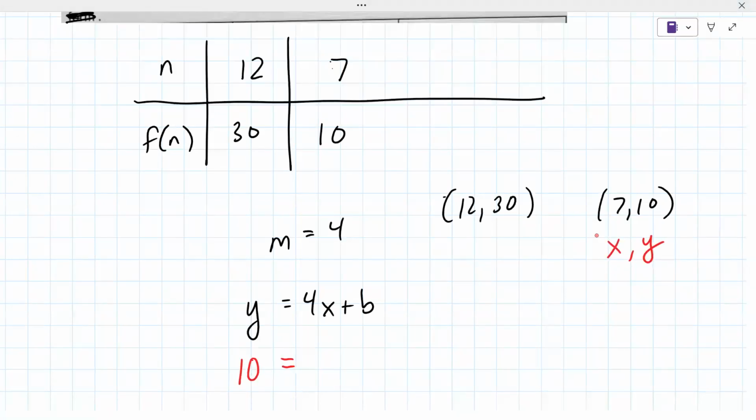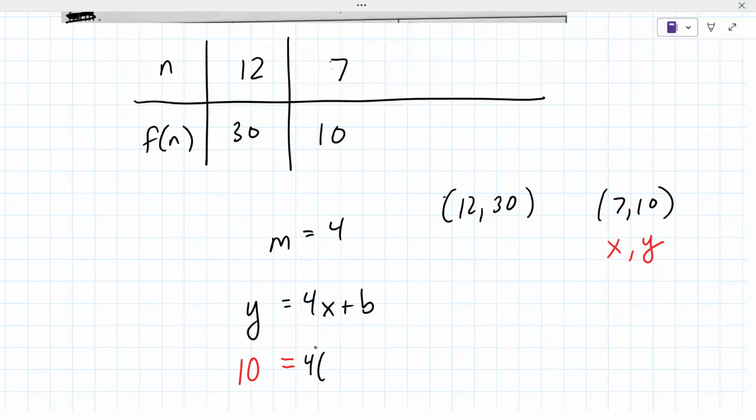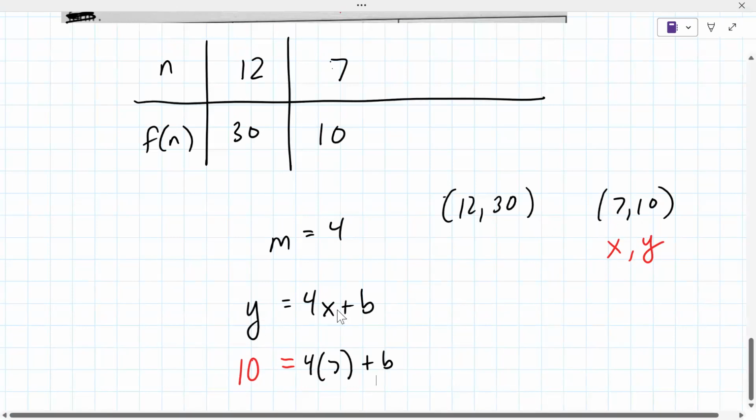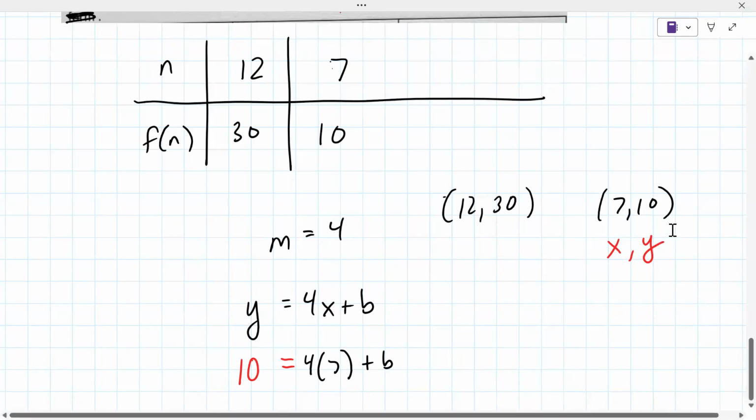The 7 is the x, and the y is the 10. So I heard something different when you solved this. Go ahead and try this one more time. I thought the 7 came first. Well, it does come first in the ordered pair, but it's the x value. That's why you want to write x underneath, so you know that it's the x value. In the actual equation, the y value comes first. Well, you're putting the number in for wherever it appears, but yes, y comes first in the equation. Okay.